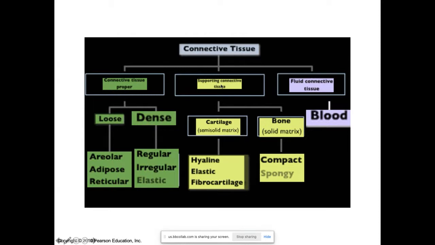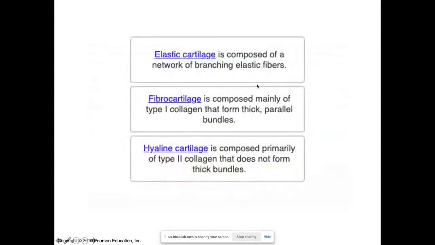What falls under supporting connective tissue? We have cartilage and bone. In cartilage, the three different types: hyaline, elastic, and fibrocartilage. When we talk about bone: compact bone and spongy bone. We talk about fluid connective tissue, which is blood. So those categories: connective tissue proper, supporting connective tissue, and fluid connective tissue.